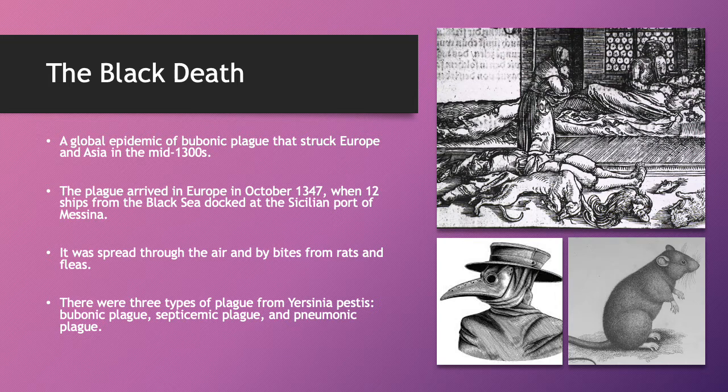Now, you might be saying, Miss Orr, why is it called the Black Death? It has nothing to do with that color. It's called the Black Death because the infection would get so bad that it would cause the skin on your extremities, so your fingers, toes, and nose particularly, to become necrotic, which means the skin starts to die prior to the person passing away, and your skin would turn black.